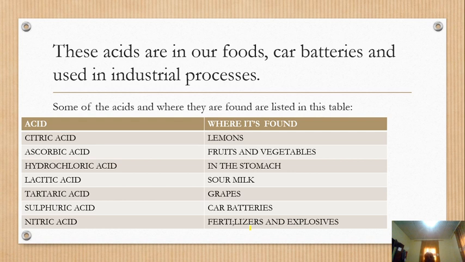So we have citric acid, which is found where? In lemons.